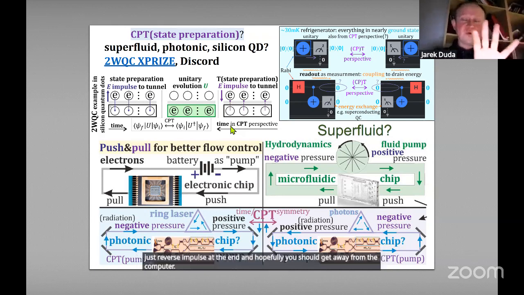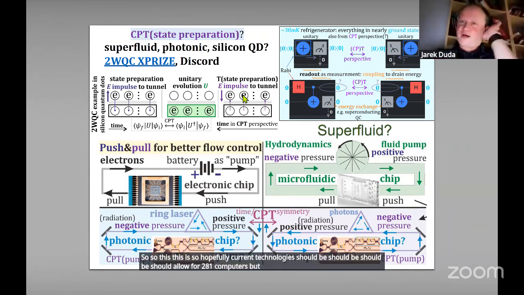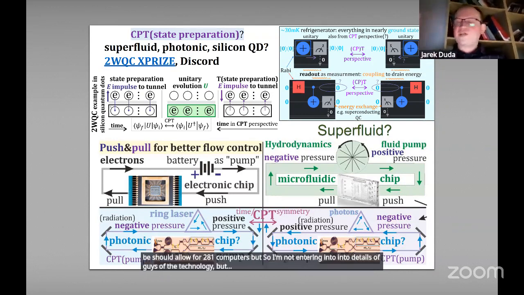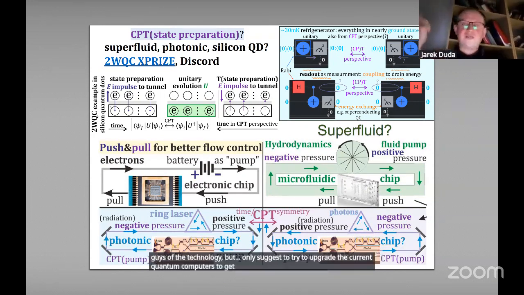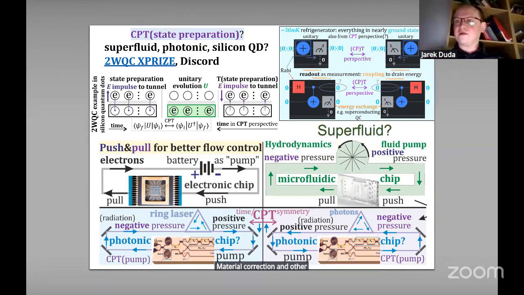So hopefully current technologies should allow for two-way quantum computers. I'm not entering into details of unitary gates of the technology, but only suggest to try to upgrade the current quantum computers to get better error correction and in theory allow to attack NP problems.